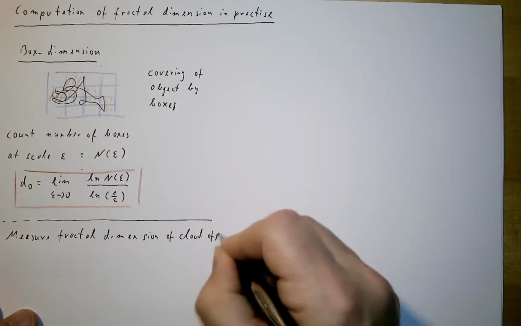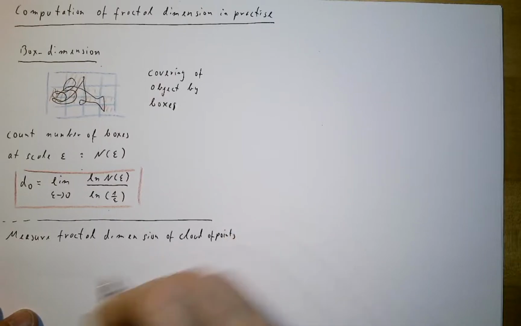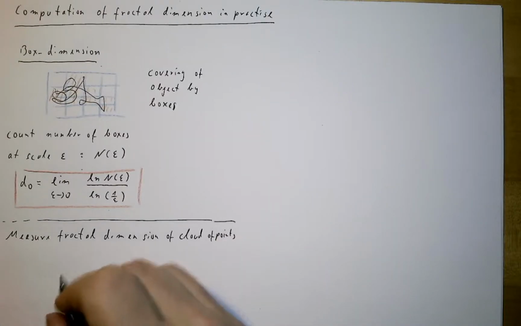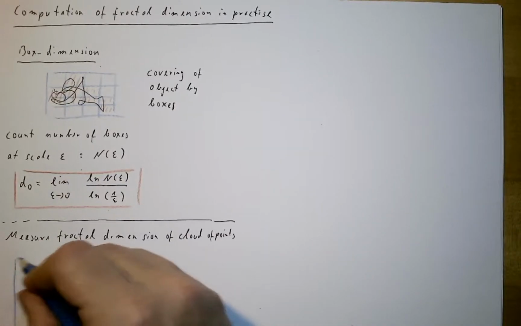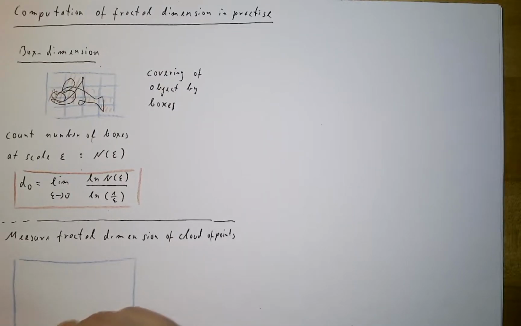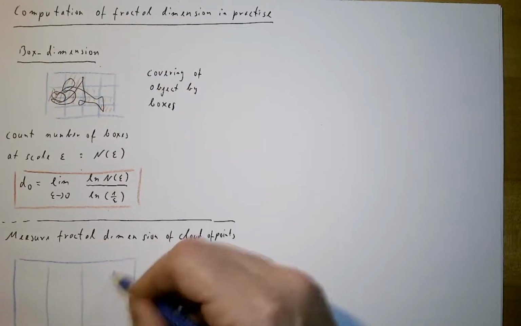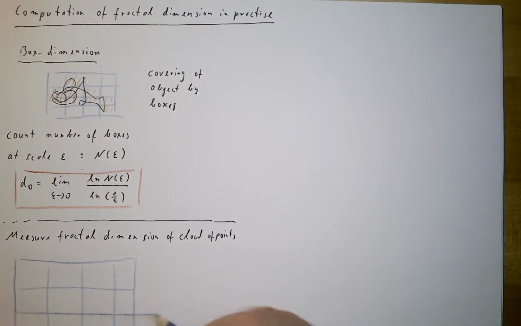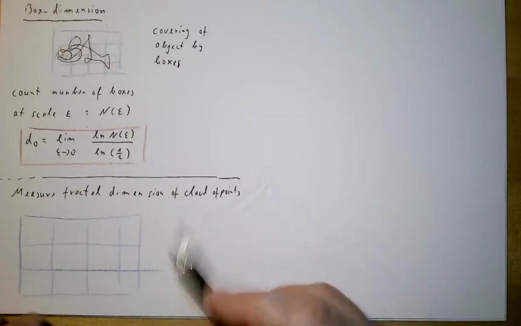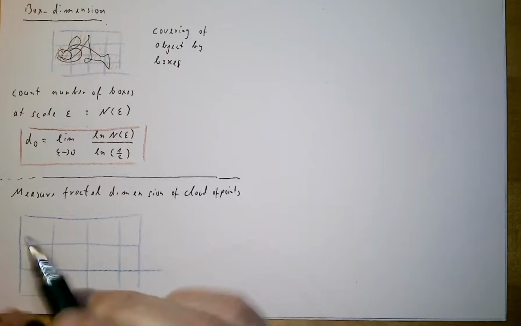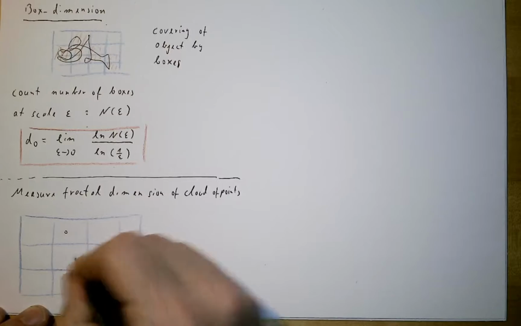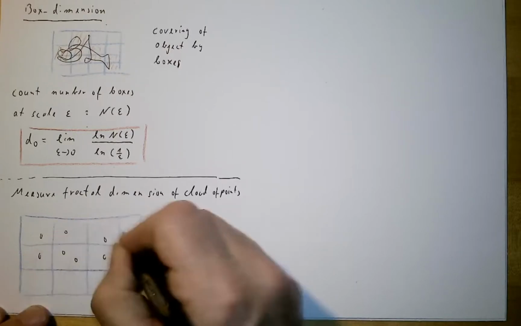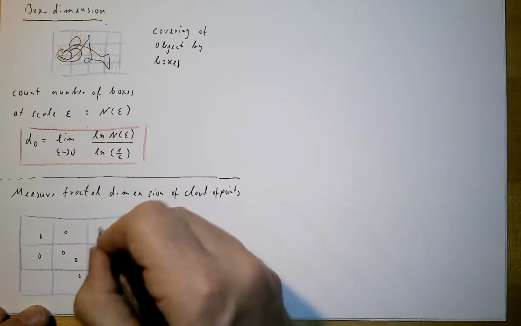So again we have here our lattice of boxes. This is as before, and now actually they should be all equal size, so these are a bit too small, but imagine this would have all the same size. And now we have a cloud of points somewhere in here. So that's our fractal.